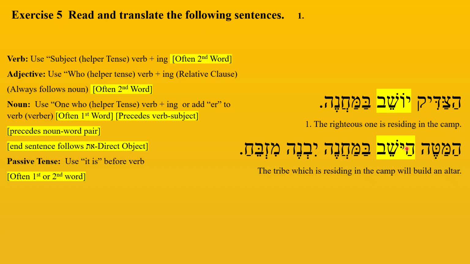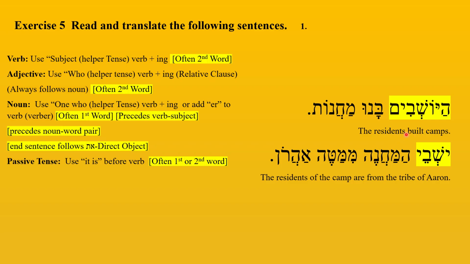But again, this isn't the verb. The which is just like the who, it makes this a relative clause. The tribe which is residing. This is modifying the tribe. The tribe which is residing in the camp. Okay. Here's your verb in the future tense. Will build and alter.